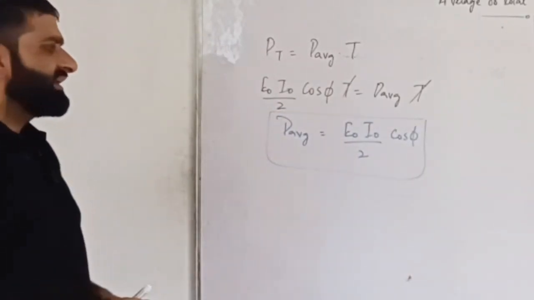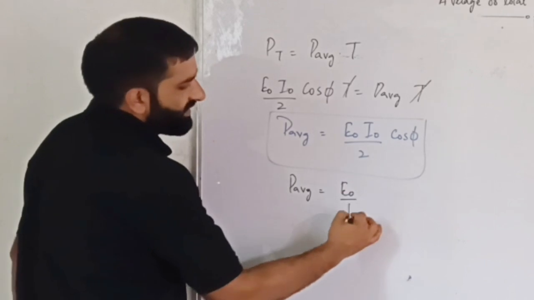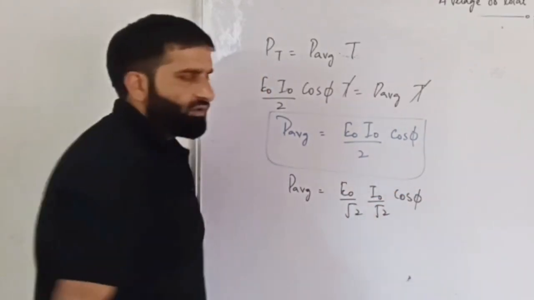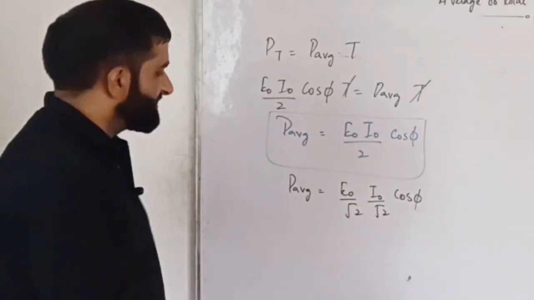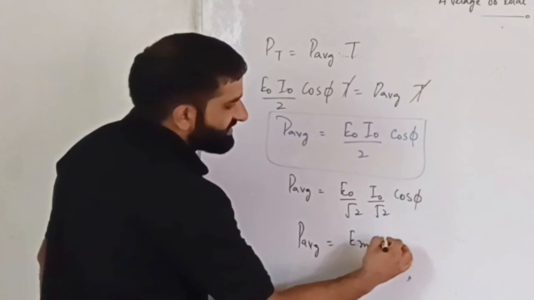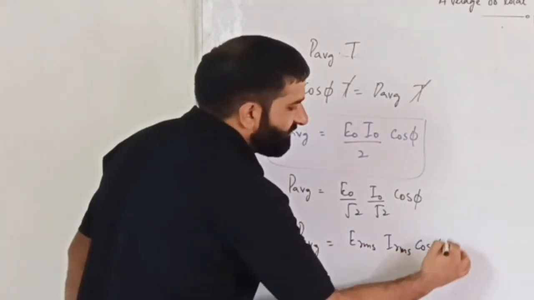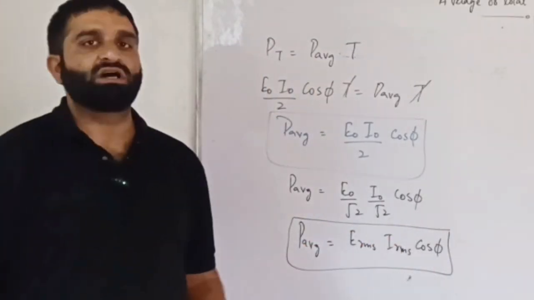Now solving it a little bit, we have P average is equal to E0 divided by root 2 into I0 divided by root 2 into cos phi. We know that E0 divided by root 2 is equal to ERMS, I0 divided by root 2 is equal to IRMS. That means P average is equal to ERMS into IRMS, where RMS is the root mean square value, into cos phi. So the average power is equal to ERMS into IRMS into cos phi.